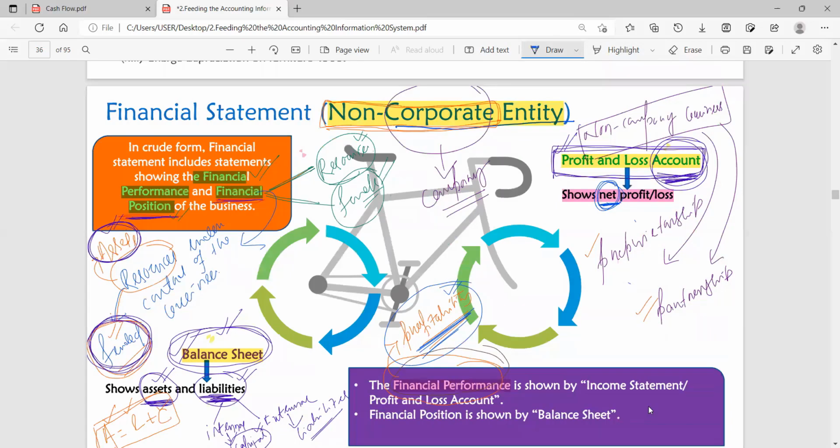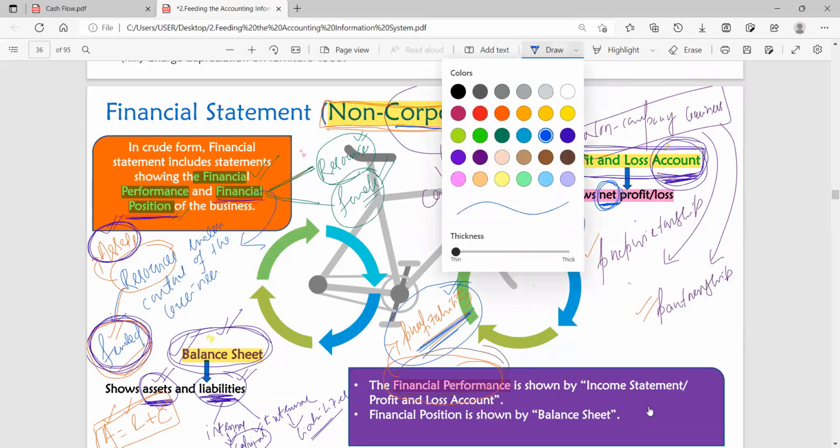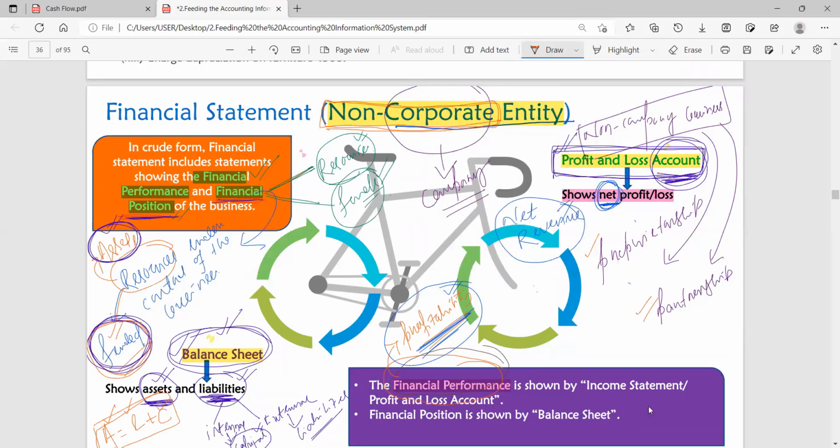Basically, net profit is nothing but net revenue, or net income. This is also quite easy to understand. Net income must be revenue minus something, because we are saying net. Net is something which is after refinement, after deduction of something from the revenue.